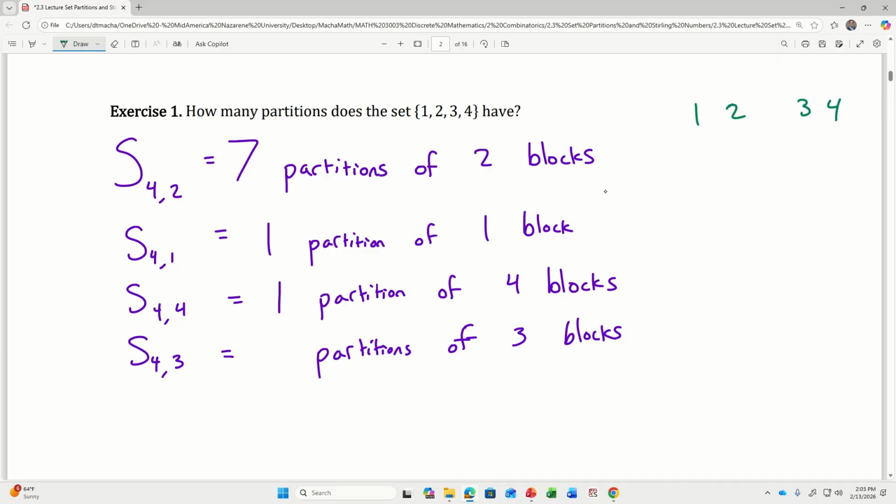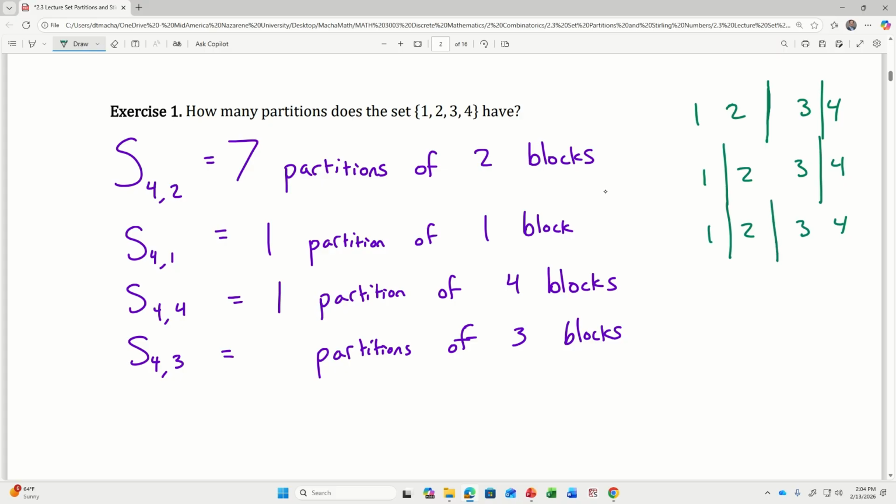And if I was going to put down 3 different blocks, I could have only 1 block that has 2 elements together. And then the other elements would have to be in singleton blocks. Like, that's a way to do it. I could also make that a way to do it. I could make that a way to do it, so that 3 and 4 are together.